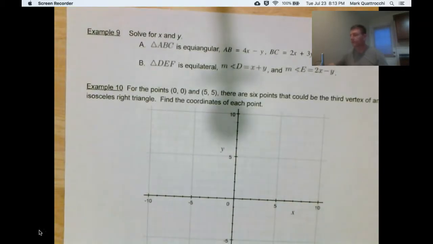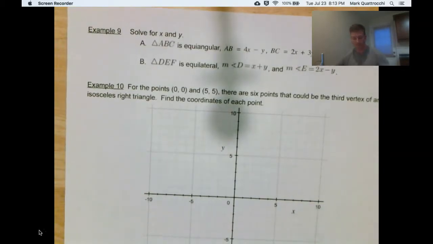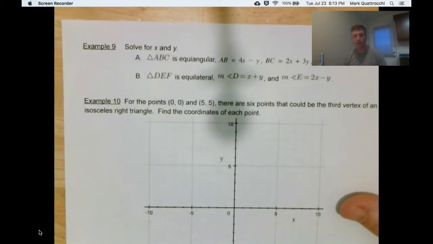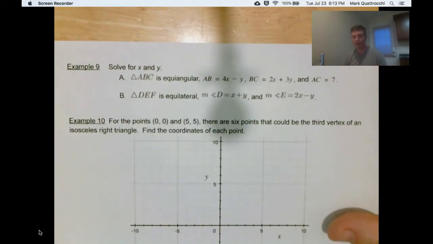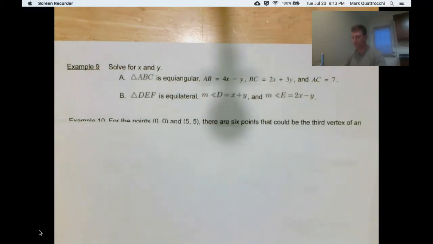All right, last two examples. Example 9. Solve for x and y. Triangle ABC is equiangular. And let's draw a picture.